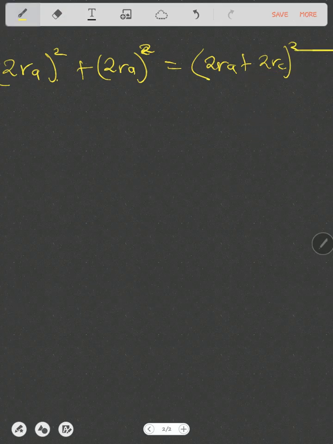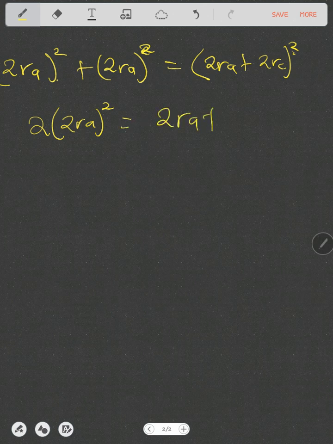Looking at this very well, we have to take this square out, but these two are similar, so we end up getting 2 of these, which is 2RA squared. And what do we have here? We have 2RA plus 2RC squared.